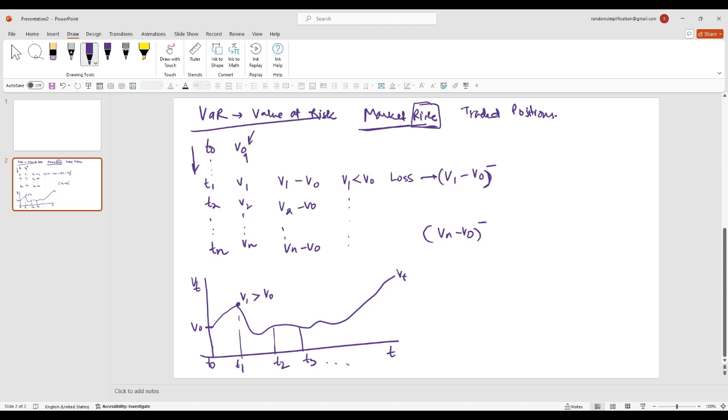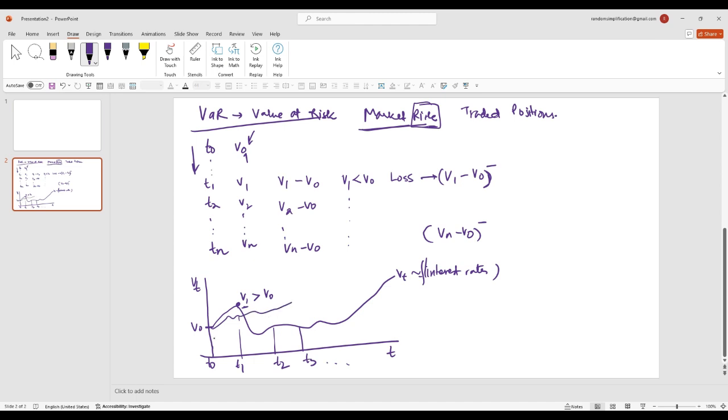However, we know that the value of the portfolio can be dependent on various factors. Maybe it's a product which is dependent on interest rates. So under one scenario, you get this value of the portfolio based on your underlying valuation approach. Under any other interest rate scenario, it could take a different path.